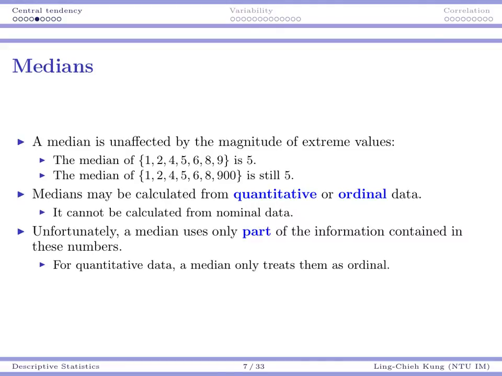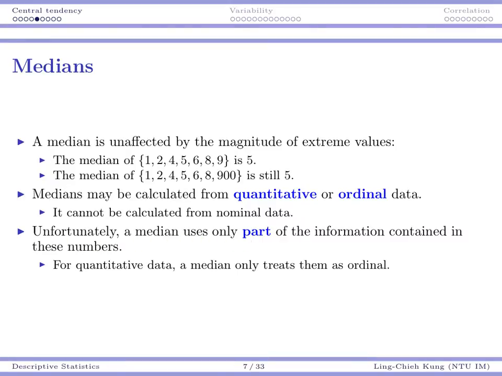But basically, as long as you can order, you can rank all your data points, then you can calculate a median, and the median makes sense to you. On the other hand, if you have nominal data, then of course, because those categories do not have any order within them, you should not use median to describe anything. That's just misleading.